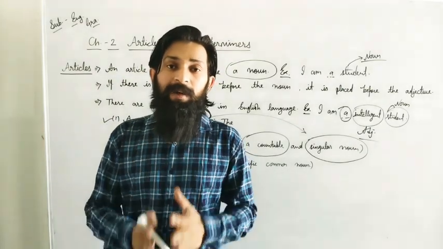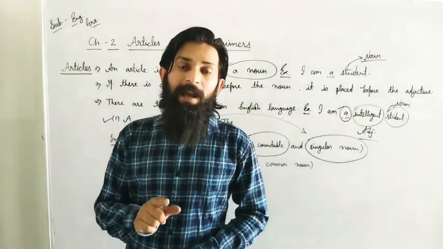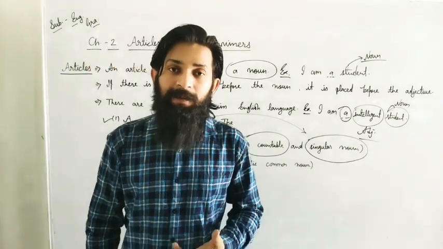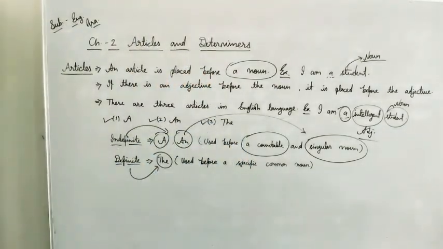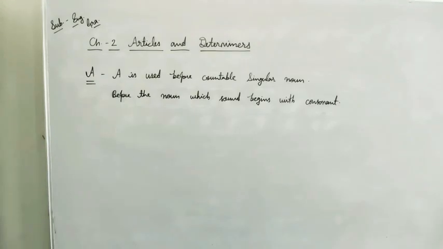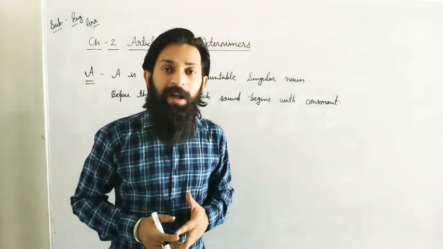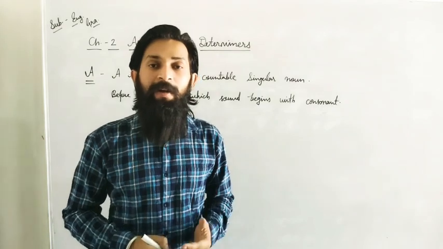Dear students, now we will discuss a and an, where we have to use a, where we have to use an. Dear students, at first we will talk about the indefinite article a, where we have to use a.